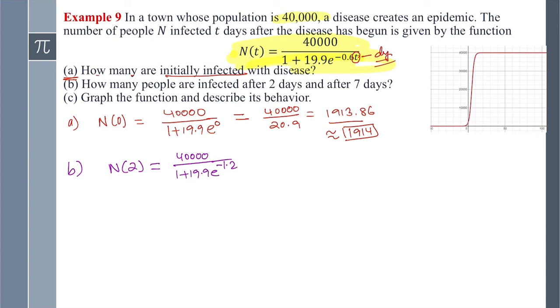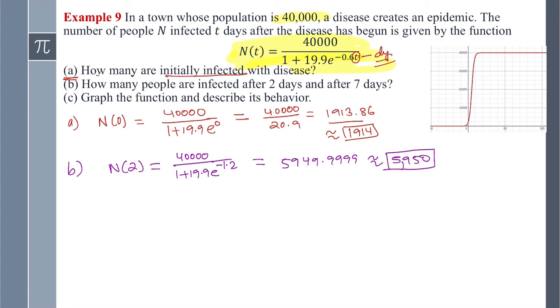Putting this into the calculator, we get 5949.999, which is 5,950. That means after the second day of the epidemic, 5,950 people are infected. See how quickly that's moving up.